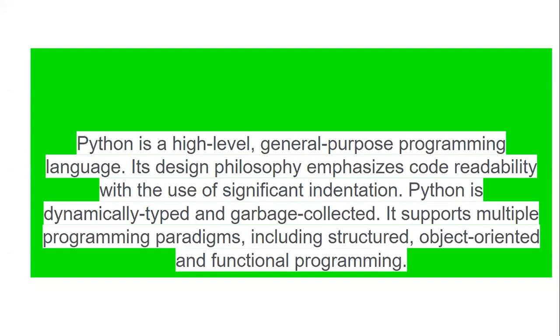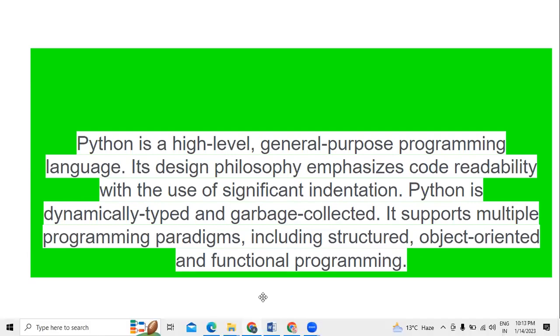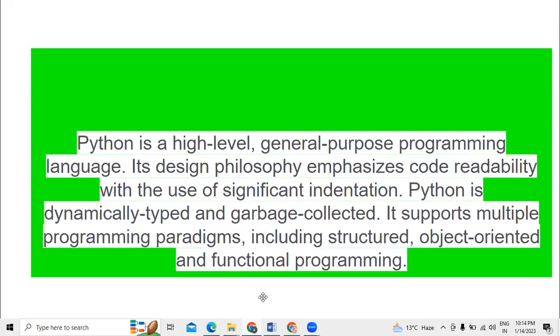Python is a high-level general-purpose programming language. Its design philosophy emphasizes code readability with the use of significant indentation. Python is dynamically typed and garbage collected. It supports multiple programming paradigms, including structured programming, object-oriented programming, and functional programming.